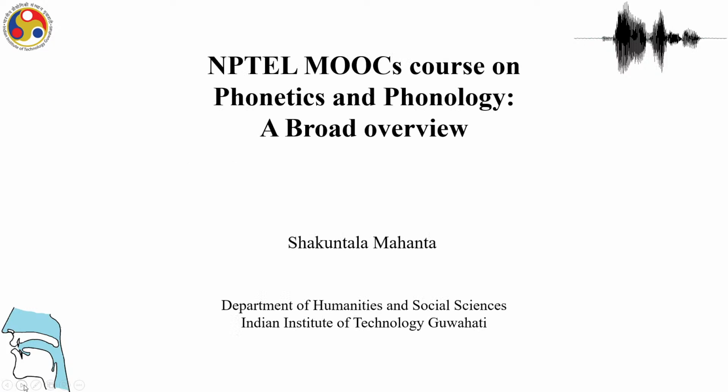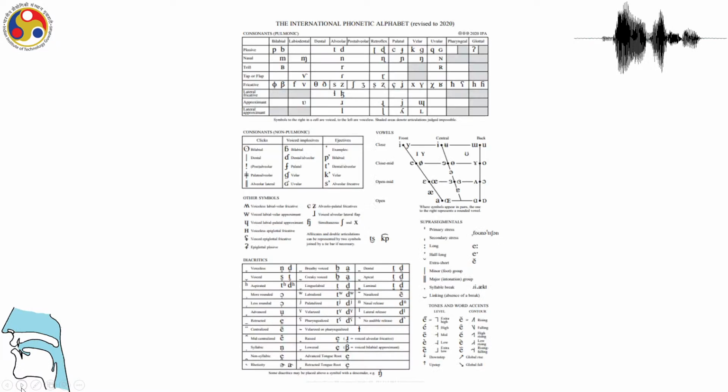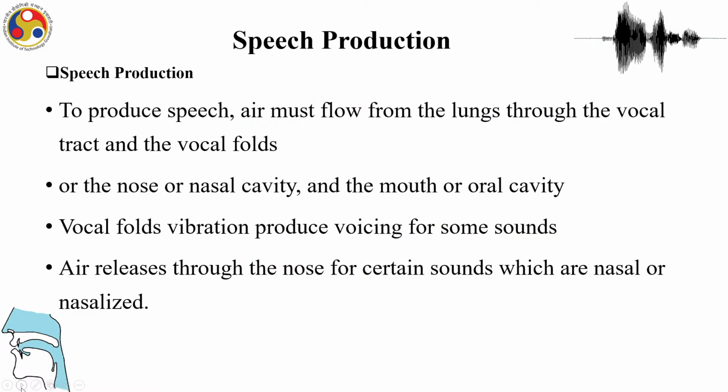And after that we also looked at the IPA, the International Phonetic Association's symbols. So when we looked at the symbols, we realized that the IPA system has a way of representing sounds.